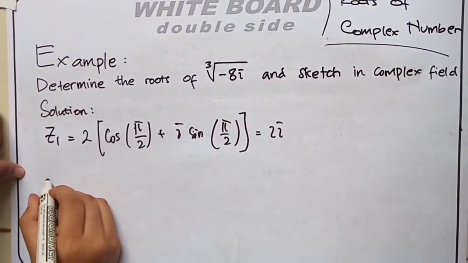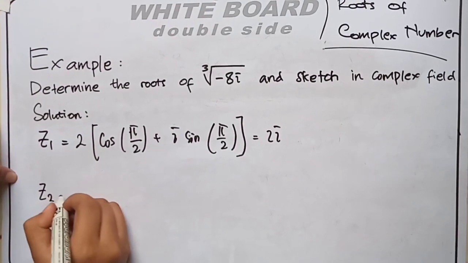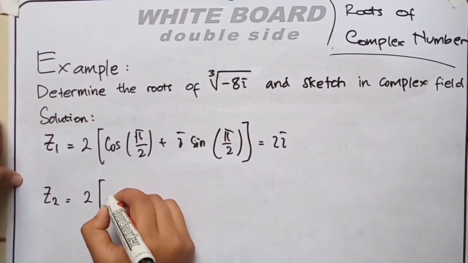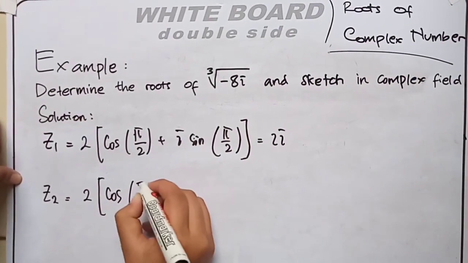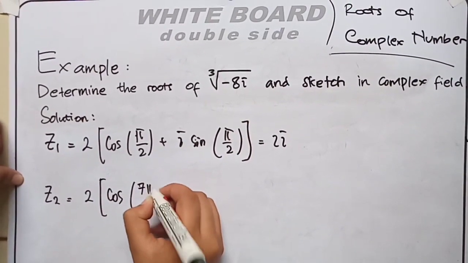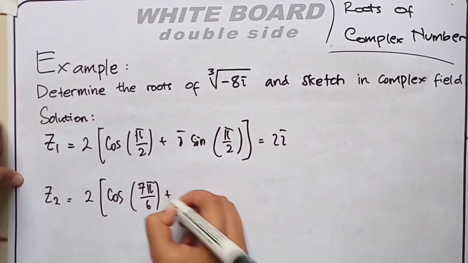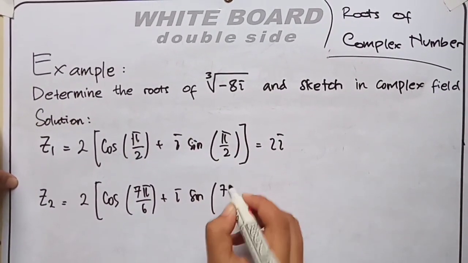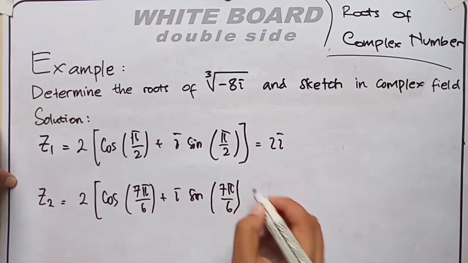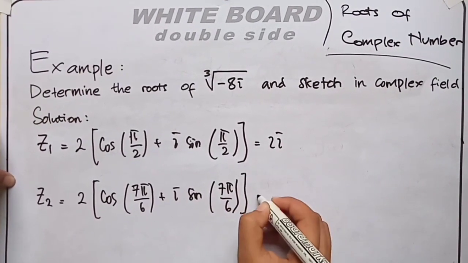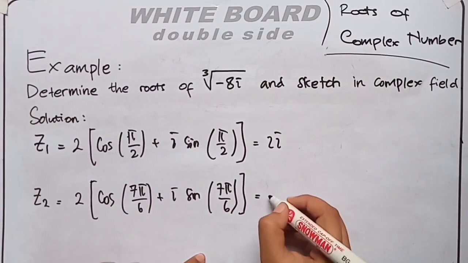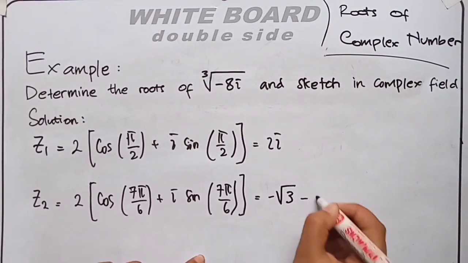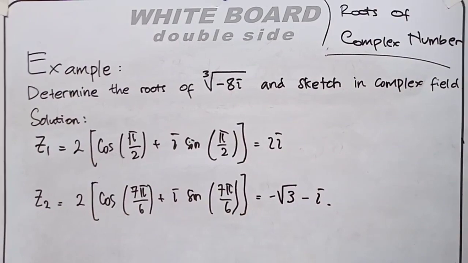And for k equal to 2, we have c2 is equal to 2 times cosine 7 pi over 6 plus i sine 7 pi over 6, and it is equal to negative square root of 3 minus i. That's the example.